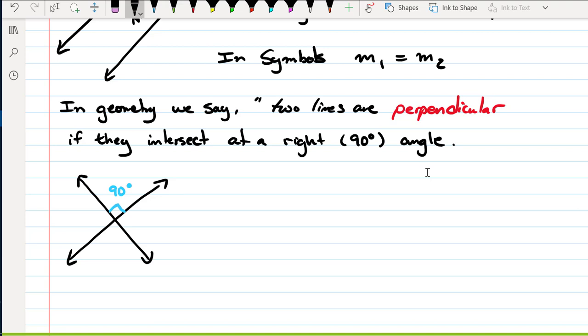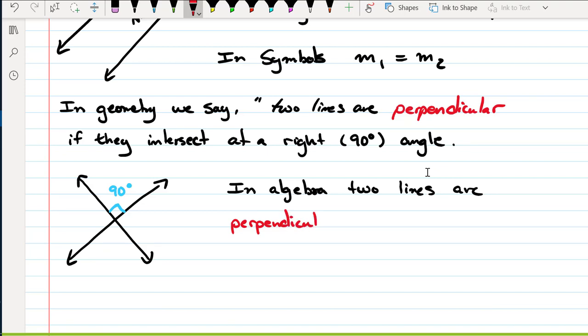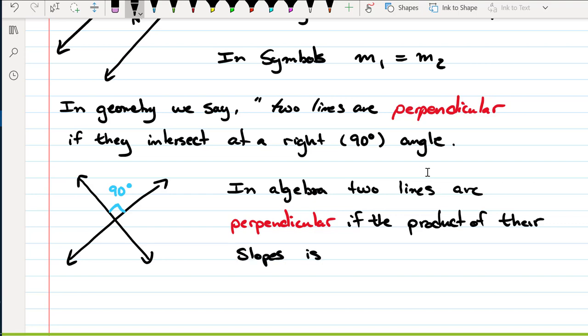In algebra, two lines are perpendicular if the product of their slopes is -1.